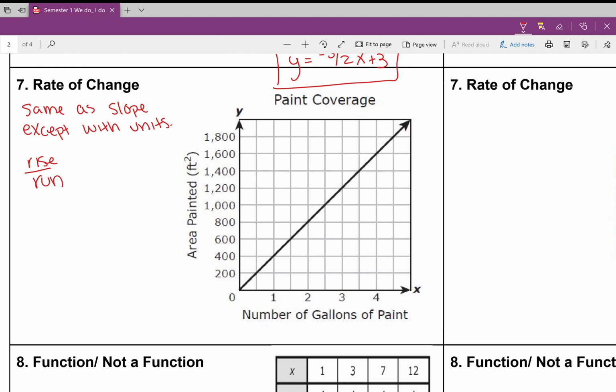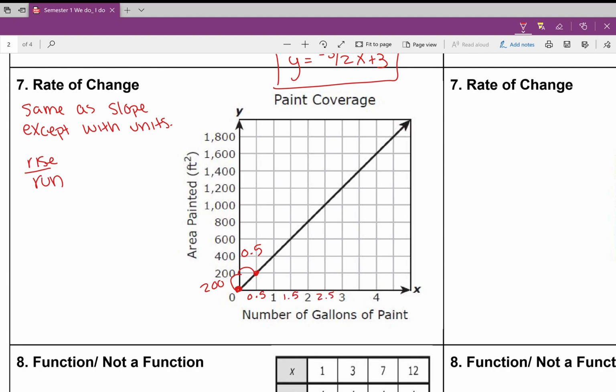So I'm going to use the point here and here. So notice this is going up 1 over 1, but we have to pay attention to the units. So instead of going up 1, it's actually going up 200 because this is going by 200s on the y-axis. And then this one, instead of going over 1, it's actually going over by 0.5. Because notice each of these tick marks here are going up by 0.5.